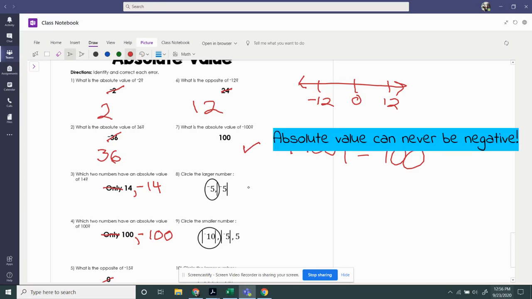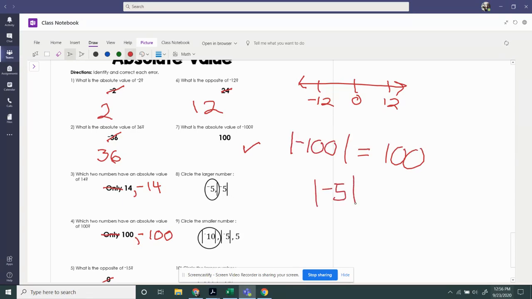Larger number. Well, the absolute value of negative 5 equals 5. So this is the larger number. Let's say circle the smaller number.